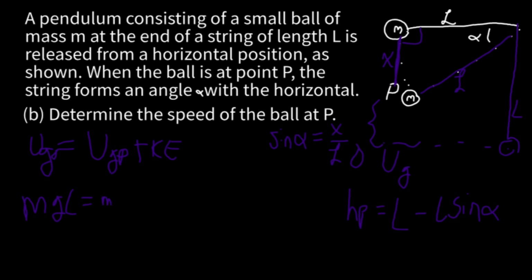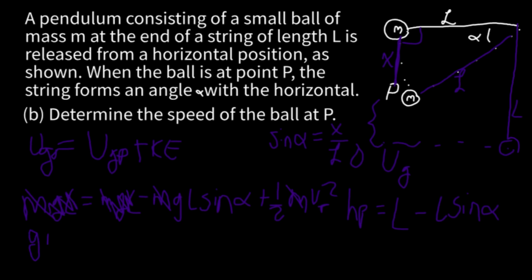So we'll have mgL minus mgL sine of alpha, plus our kinetic energy 1/2 m vP squared. Alright, we can see our m's cancel, and you can subtract gL from both sides. So now we're left with that.